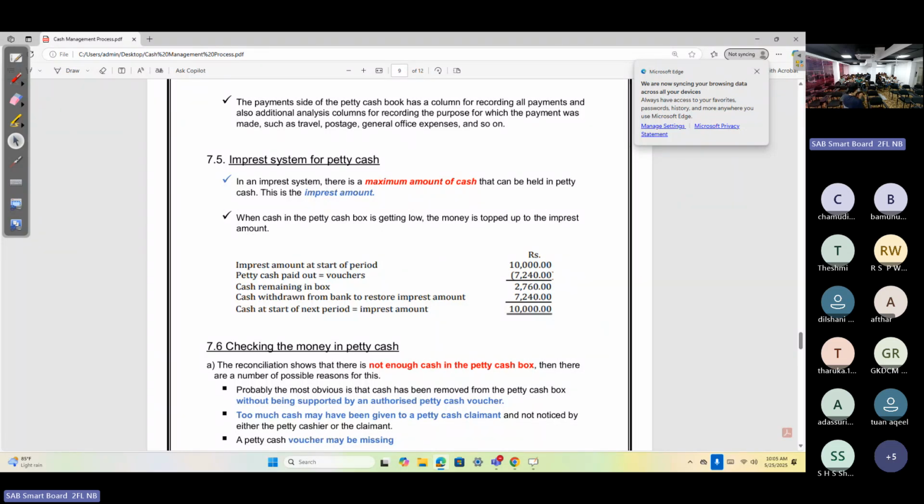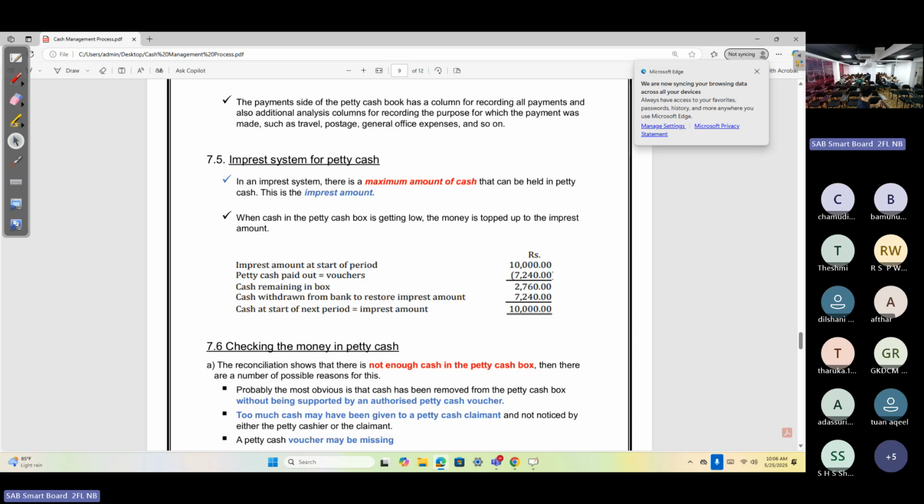In our previous example, on May 1st the petty cashier received 10,000 from the accountant and spent 8,000 during the month. Now he has submitted all the bills and vouchers to the accountant. His remaining balance is 2,000, so now he has to receive 8,000 from the accountant. So 8 plus 2, 10,000.